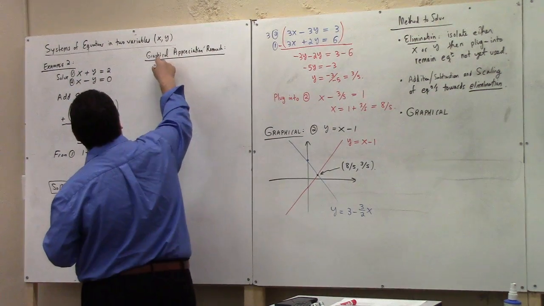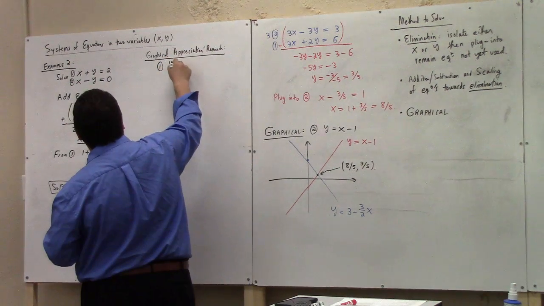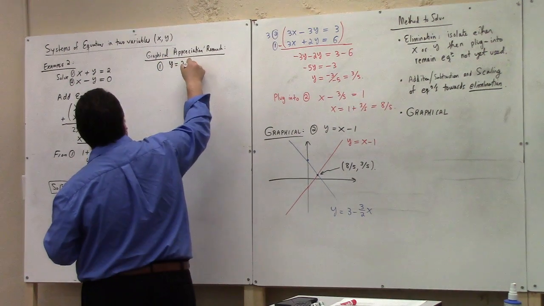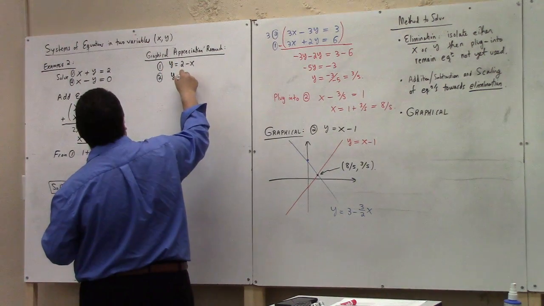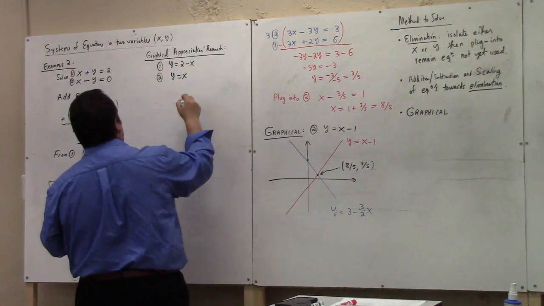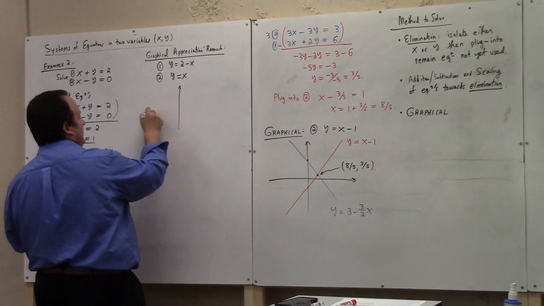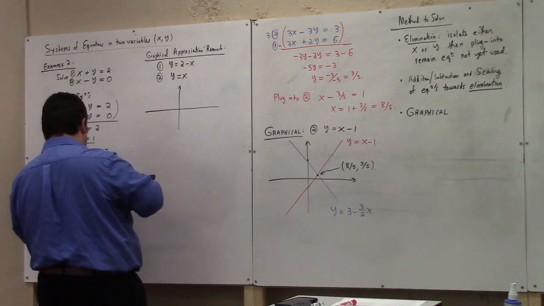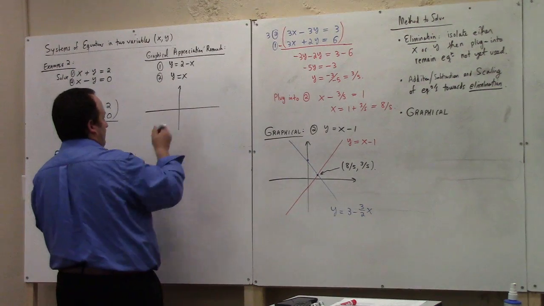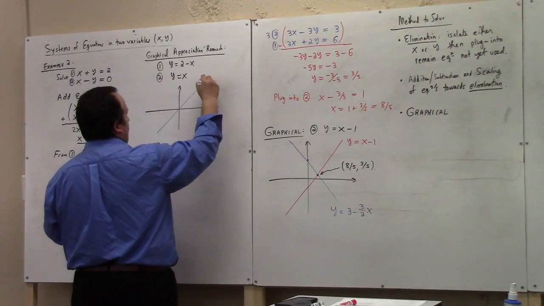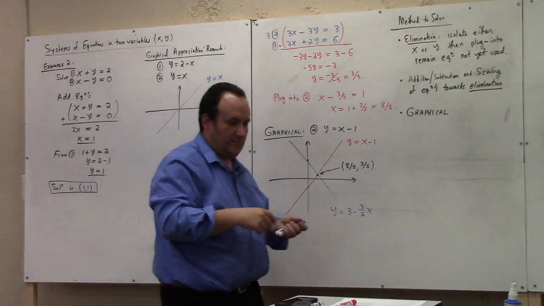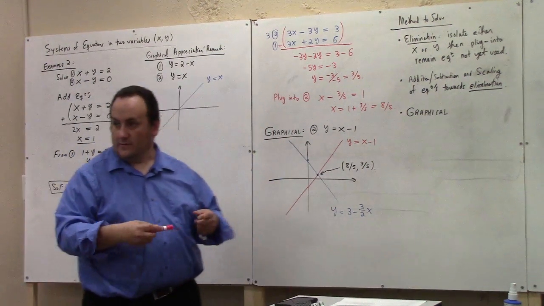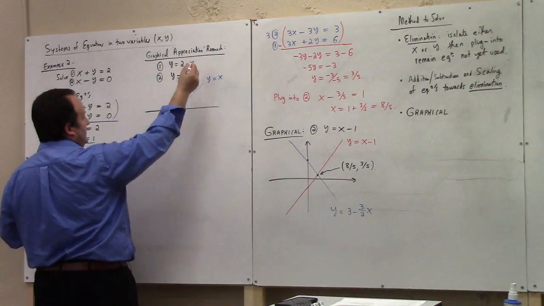The first equation is y equals 2 minus x, right? And the second is y equals x, right? So we've got a line through the origin with slope 1. And we've got a line with y-intercept 2 and slope minus 1.